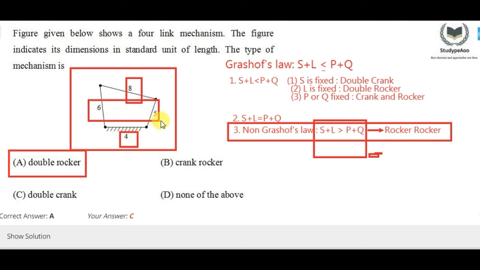That's why the mechanism is always a rocker and rocker mechanism. And if you don't get this condition, then Grashof's law is valid, and you check the first condition, then the second and the third condition. Whichever condition you find, the answer will be there. Okay, thank you.